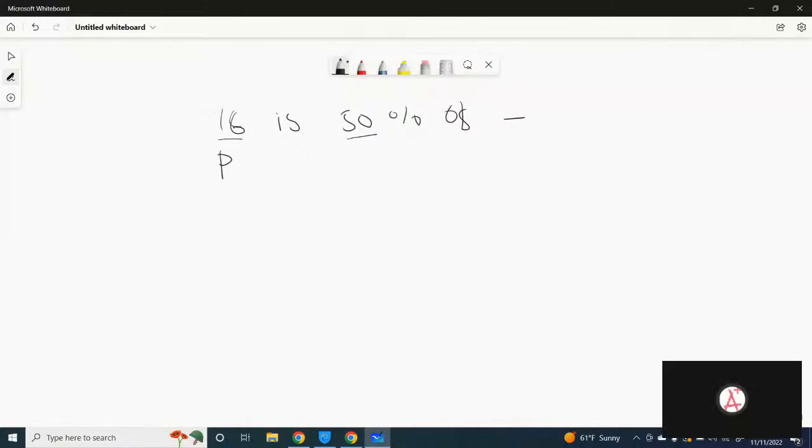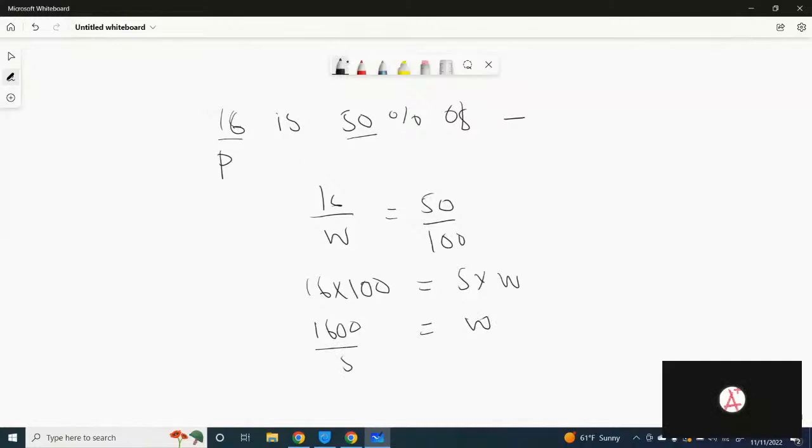You have to find the whole number actually. So you have to form the proportion. It would be 16 divided by the whole number, and it is 50 divided by 100. Got it? Just do cross multiplication, it would be 16 times 100 equals 50 times W. So it is 1600 divided by 50. Got it?